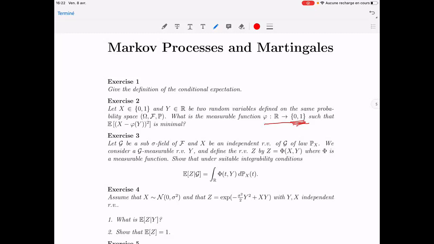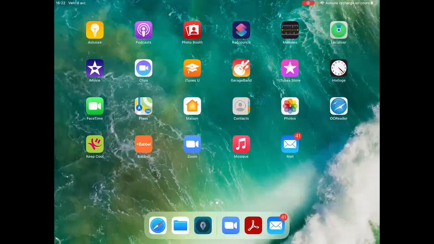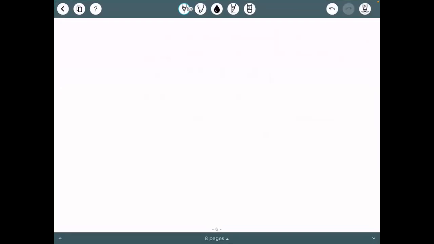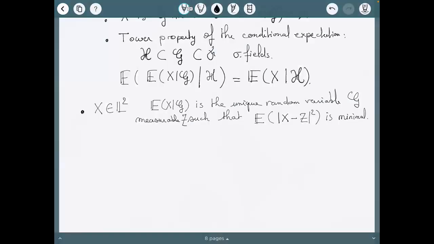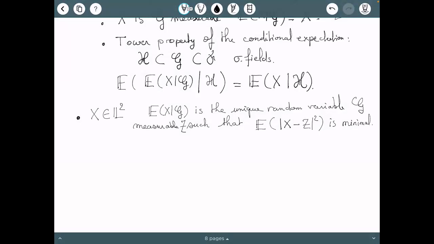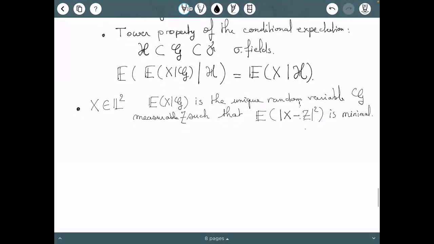It doesn't remain so much time. I don't know if somebody has some ideas on how to attack this problem. No ideas.